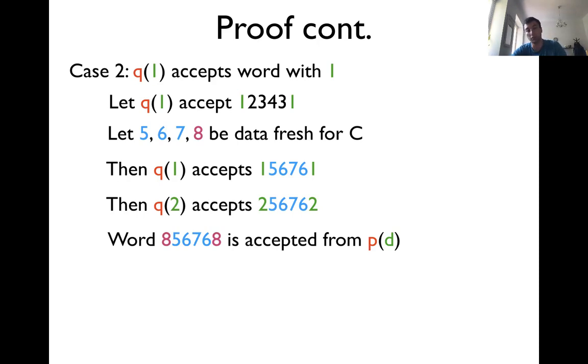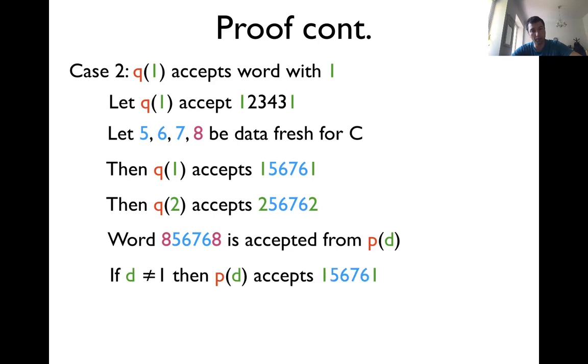So this is a suffix, so it has to be accepted from some location with some data value in our configuration. Let's say this is P and data value D. This P and D can be equal Q of 1, can be equal Q of 2, can be, I don't know, some other location R with data value 2 or R with data value 17, whatever.